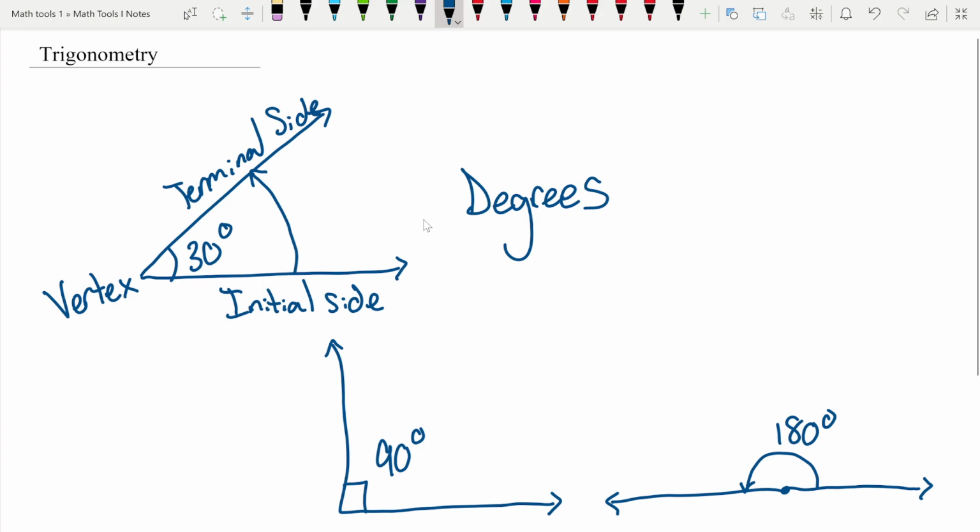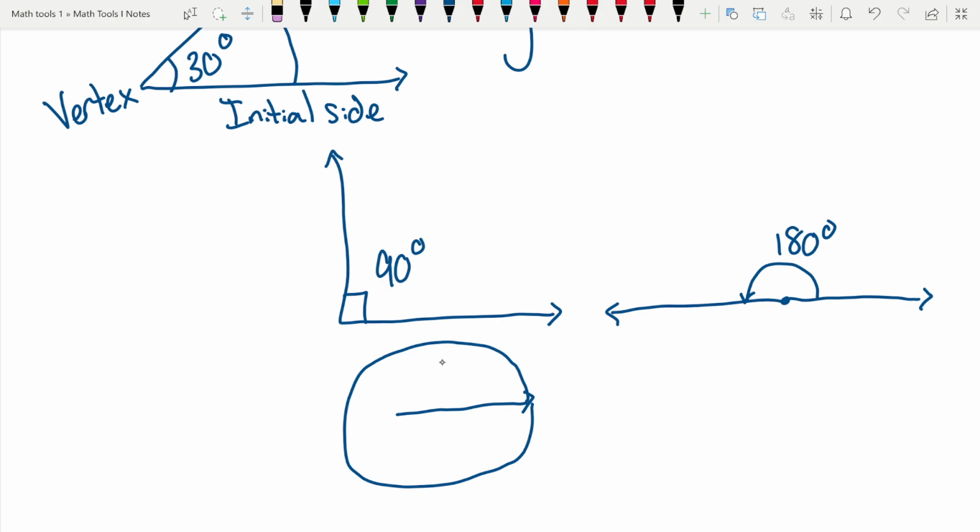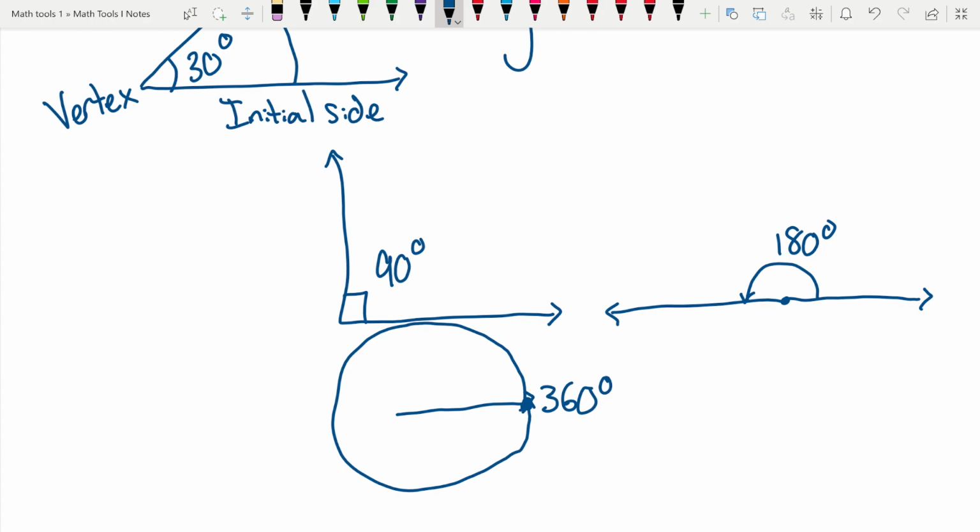And let's say that we start right here and then we open up in a full circle, a really bad circle. Let's try to make it more circular, perhaps unsuccessfully. And we end up back at the same place. So we make a whole circle. We call that 360 degrees. So an entire circle is 360 degrees.